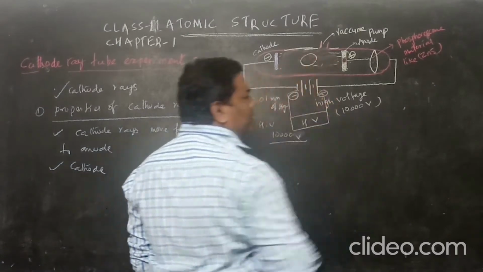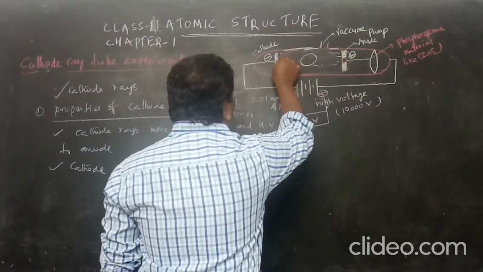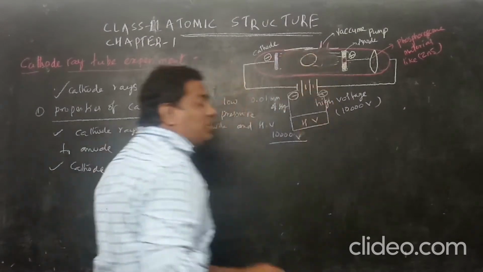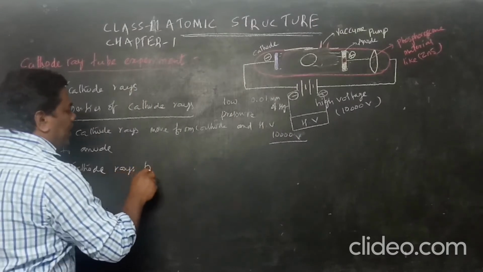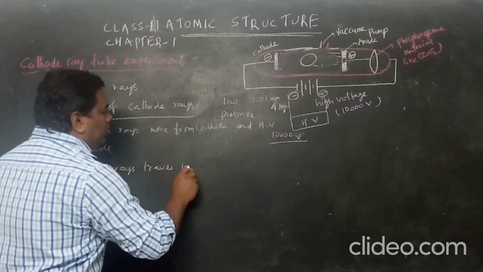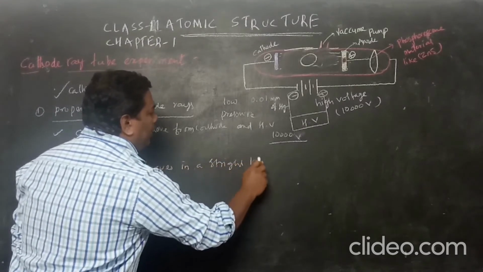So this concludes that the cathode rays move or travel in a straight line. Cathode rays travel in a straight line.